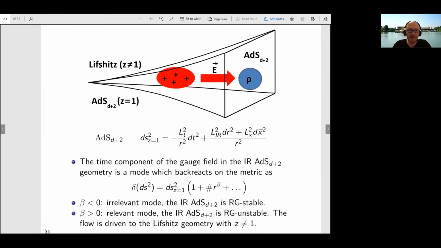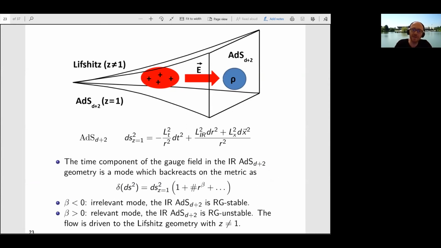So what does this mean? Let's imagine that you started from the IR AdS4. So this is the AdS metric. Then you want to work out the behavior of the gauge field. You plug this into the time component of Maxwell's equations, and you solve for the time component of the background gauge field, A_t. You'll get some power law, and then you backtrack this on the metric.